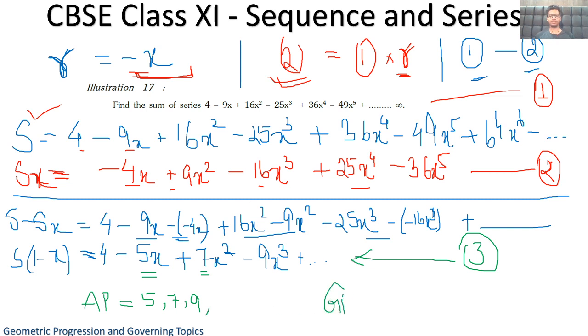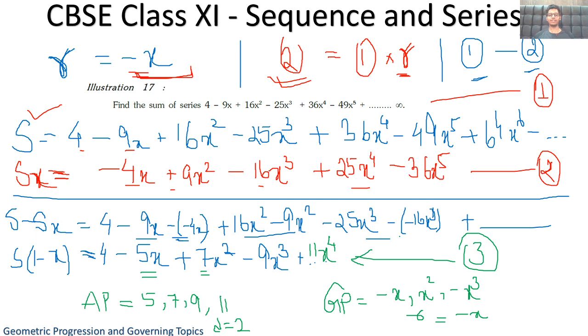And in the GP we have minus x square, then minus x cube. It's 11, perfect.